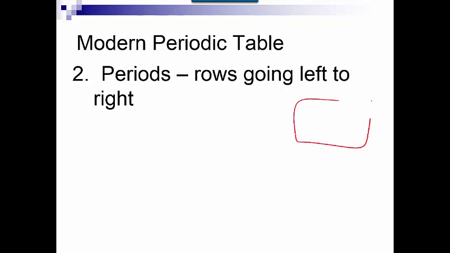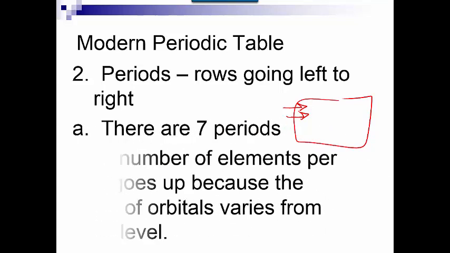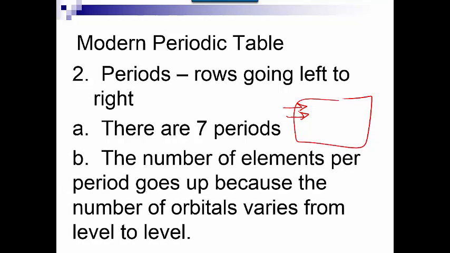So if you're looking at a periodic table, you're looking here, okay, the ones going left to right. There are 7 total periods in our current periodic table. And the number of elements per period goes up as you move down the table, and that's because of the electron cloud diagram and the fact that there are more orbitals, and the orbitals vary as you go up to higher energy levels or higher periods.